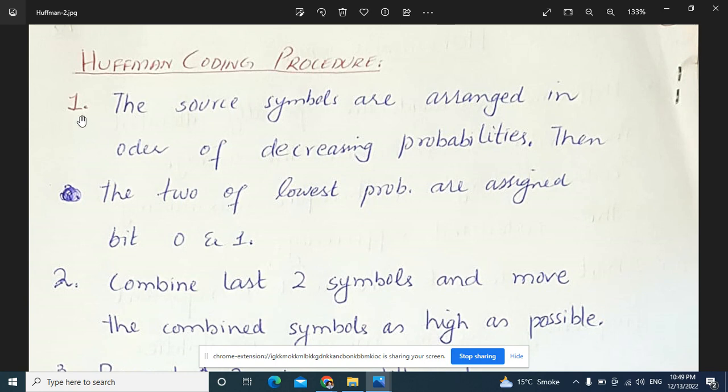The first step of the Huffman coding procedure is that the source symbols are arranged in order of decreasing probability. It means that you have to write the symbols with the highest probability at the top.